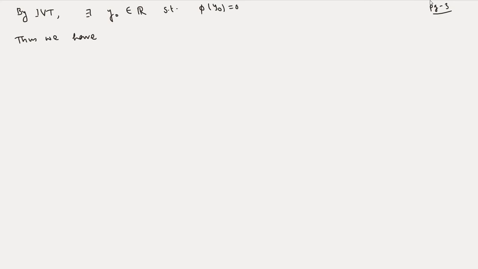Thus we have there exists a function h of x such that f of x comma h of x is equal to 0.